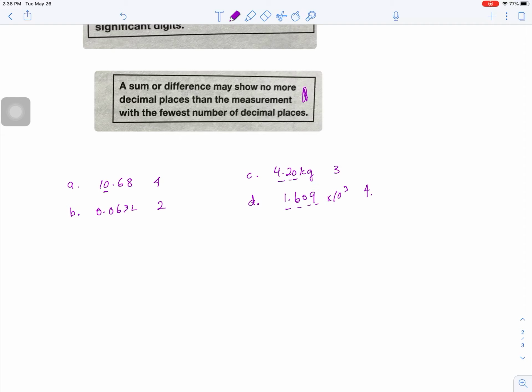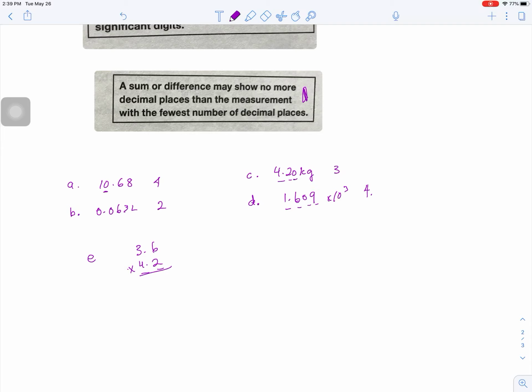For E, it says figure out this answer with the correct amount of significant digits. So we have 3.6 times 4.2. We have 2 significant digits here.